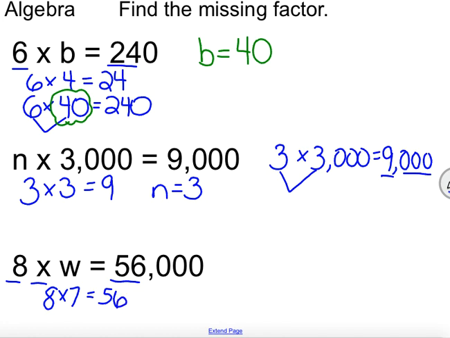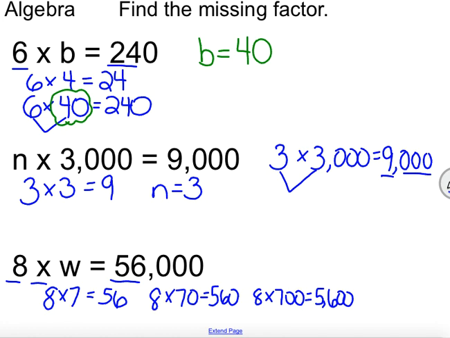So then I'm going to extend, now doing by the 10's, the 100's, and the 1000's. So 8 times 70 equals 560. 8 times 700 equals 5,600.